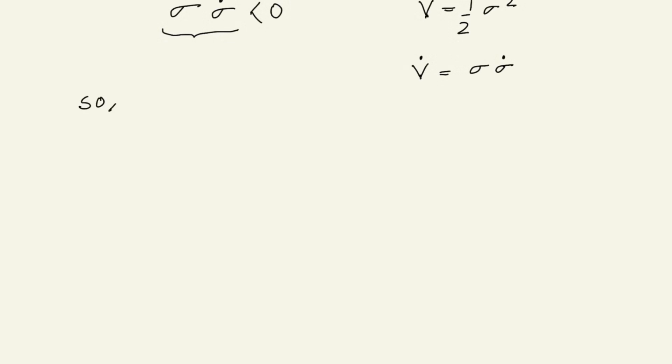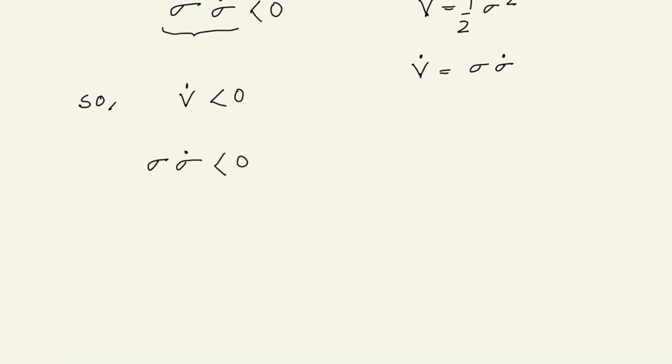Again, as you remember, for sigma going to 0, sigma dot multiplied by sigma is less than 0. What is sigma dot? Sigma dot is x2 dot plus x2. Our final aim is to simplify this in terms of control input u.